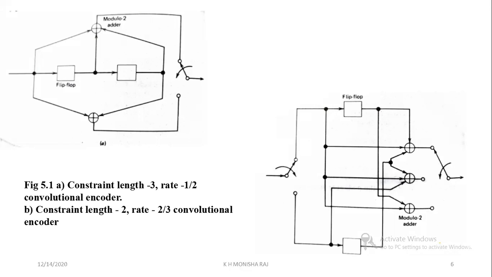So in block codes, we will be using systematic codes, but in convolutional codes, we'll be using non-systematic codes. We will use this encoder to illustrate the theory of convolutional encoders by using two approaches. Which are those two approaches? One is the time domain approach and the second one is the transform domain approach.